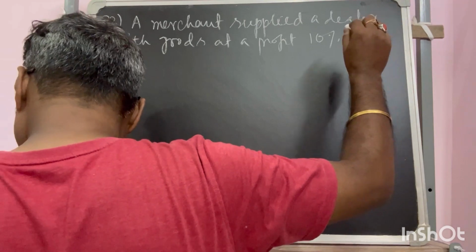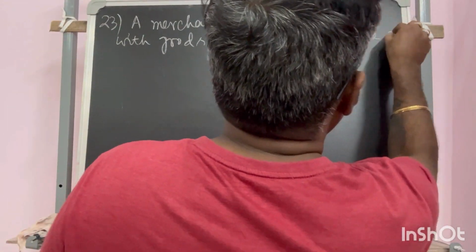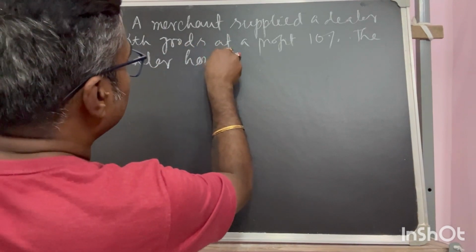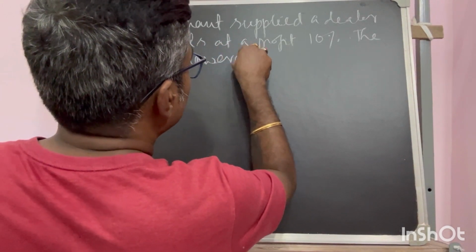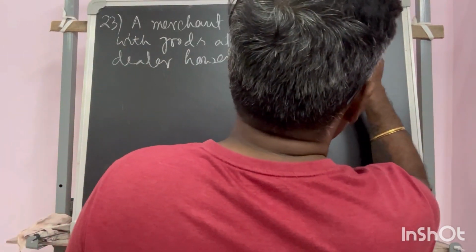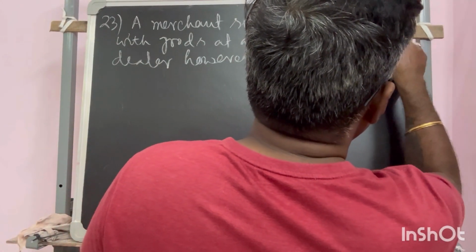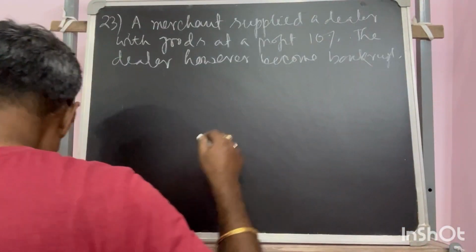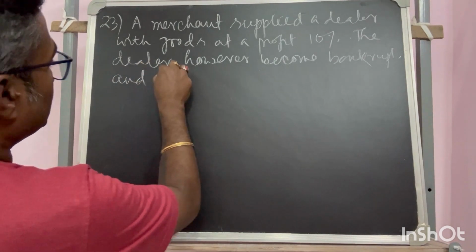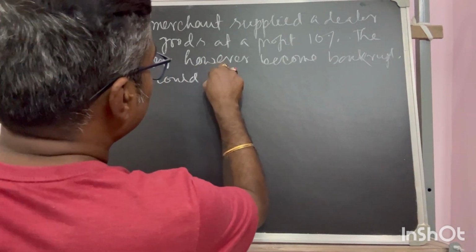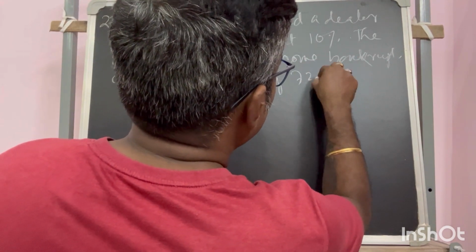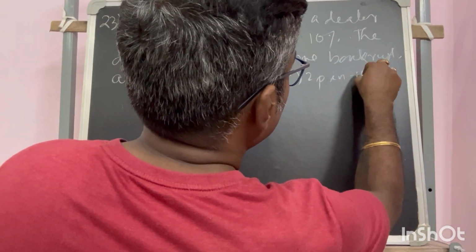The dealer, however, became bankrupt and could pay only 72 paisa in the rupee.